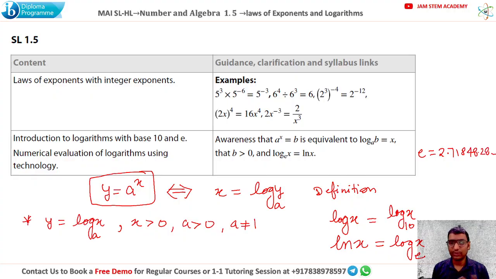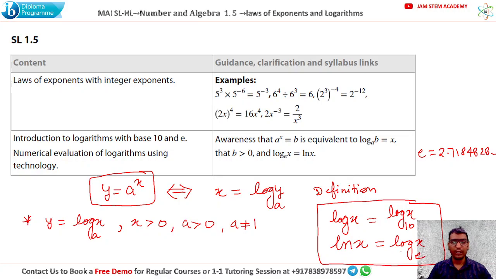No need to memorize this value, but you have to memorize two things: e is a fixed number, an irrational number, and e is greater than 1. So if the base is not given, it is 10. If ln x is there, the base is considered as e.